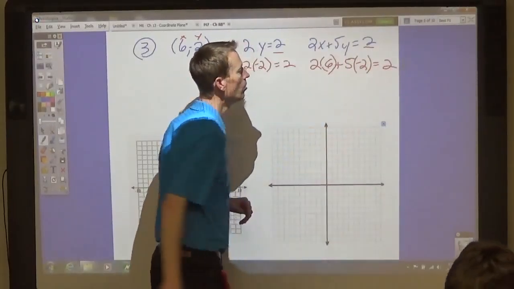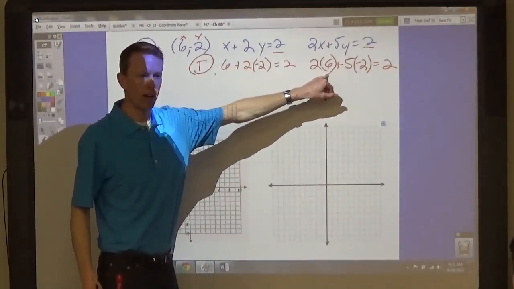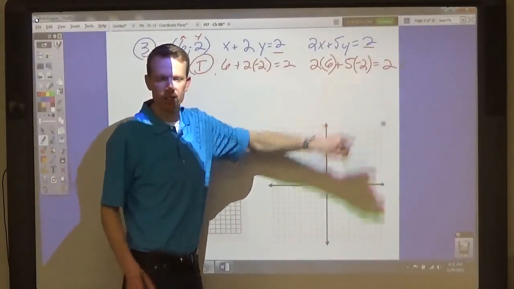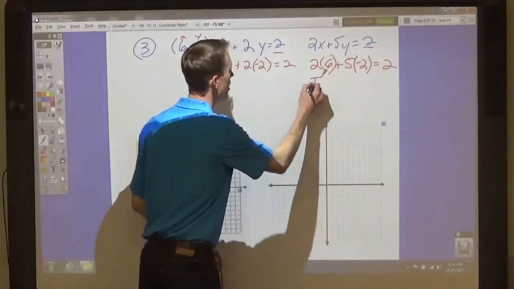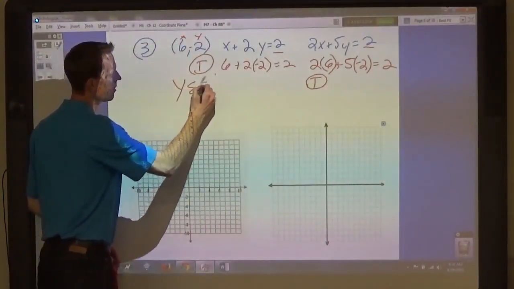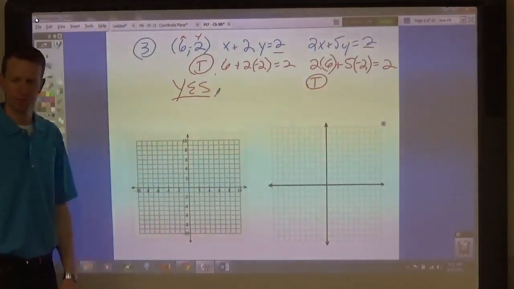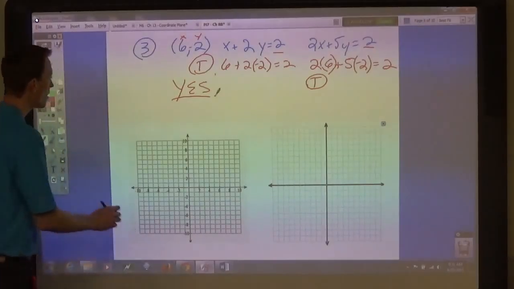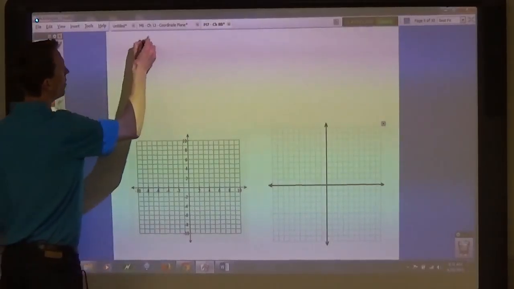Does that equal 2? That's 12 plus negative 10. So that's true. If they're both true, then yes, this is the solution. Okay? Good. Let's try number 4.